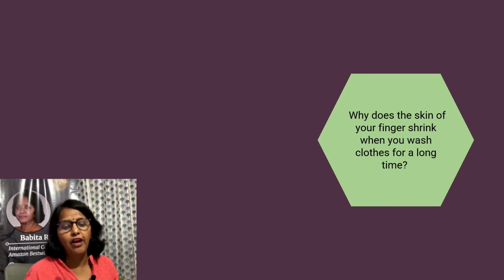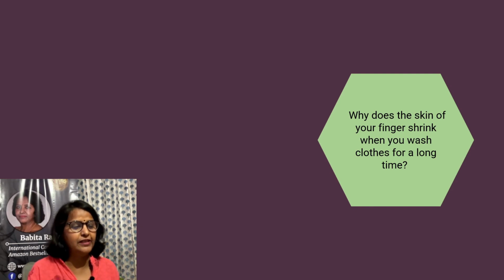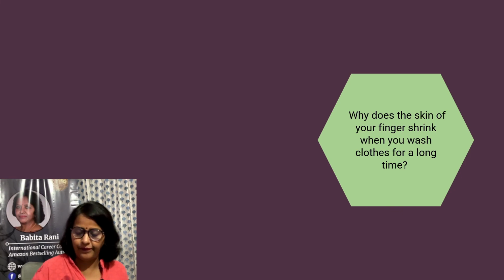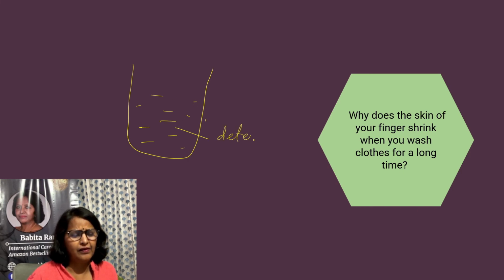Next question. Why does the skin of your finger shrink when you wash clothes for a long time? I think I discussed this question when I was explaining exosmosis. What happens? This is the bucket in which we have detergent solution, detergent plus water.